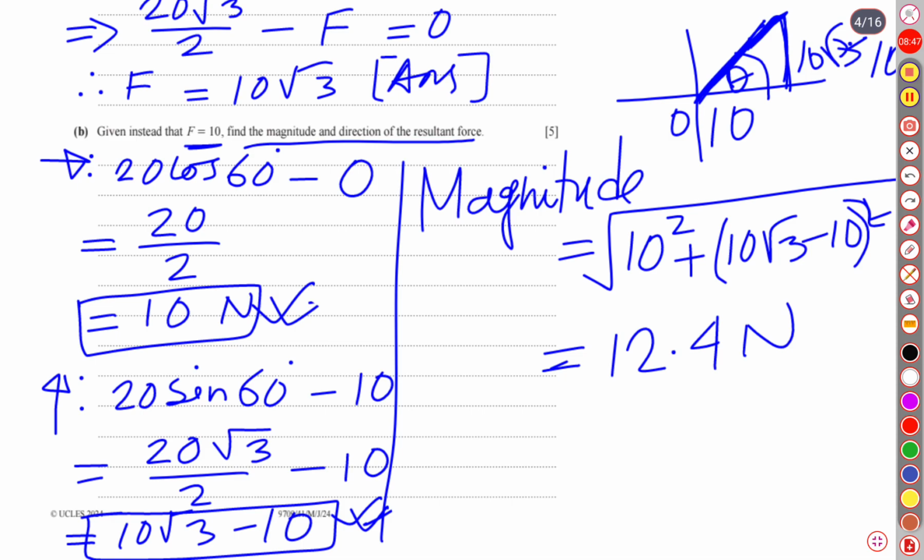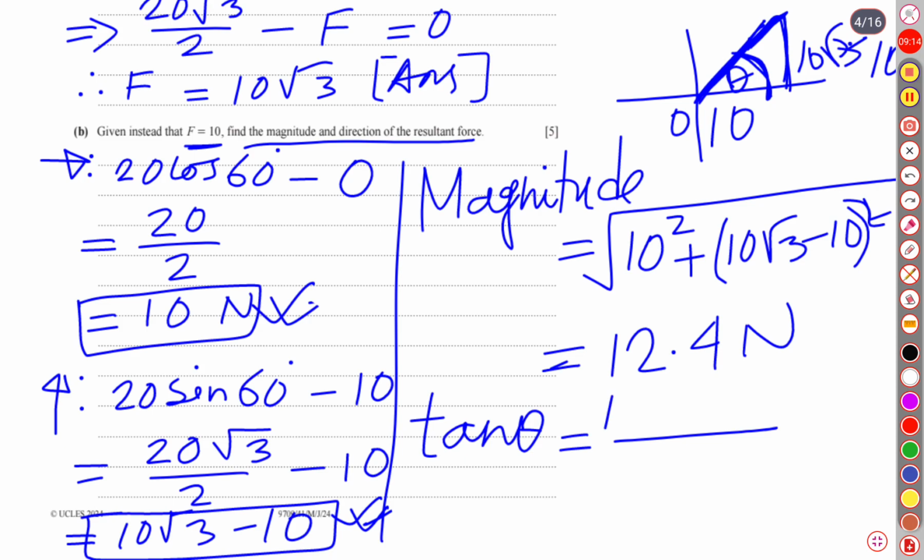Now the second part of the question says to find the direction. Look, we have already got the direction over here, but how much is the measure of the angle? We will have to find it using the same triangle. We can write tan theta is equal to the vertical component over the horizontal component.